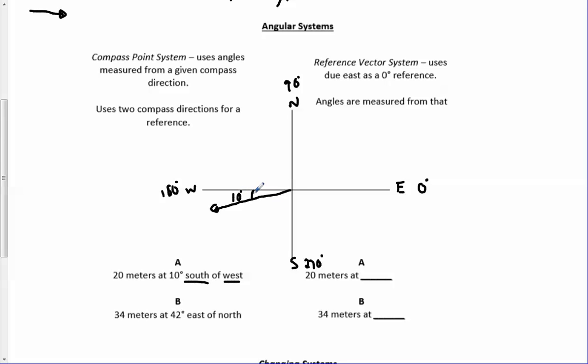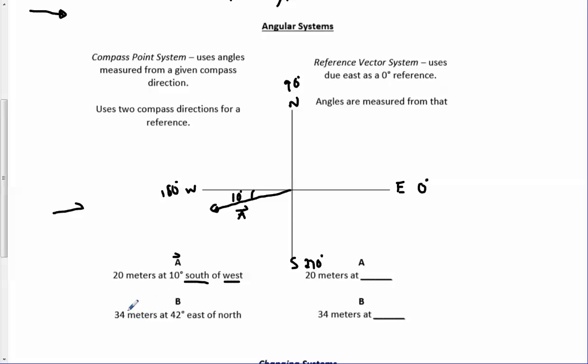That is to the south of the western direction. I'm going to label that vector A. And when we write our vectors down, we put a little hat on top of it, almost like an arrowhead, just without the second tip of it. And so there's my vector A.